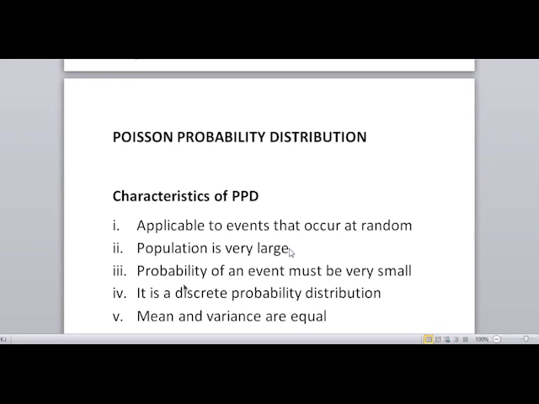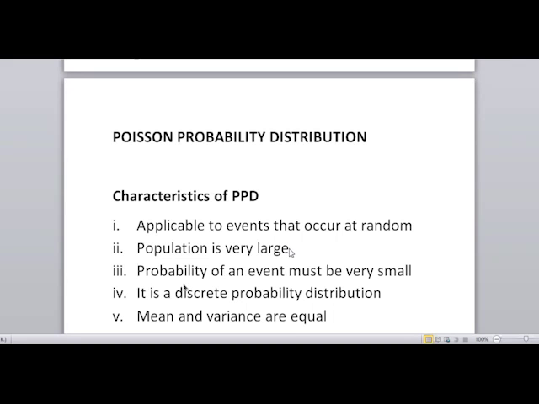So the population must be very, very large for the Poisson probability distribution, but the probability of an event must be very small. For example, how many patients will be admitted at a certain health facility each day? Some may report 1 admission, 2 admissions, 3 admissions, and so on.